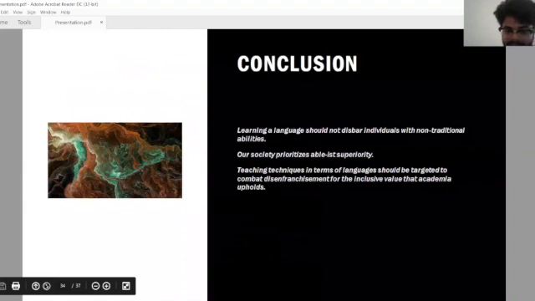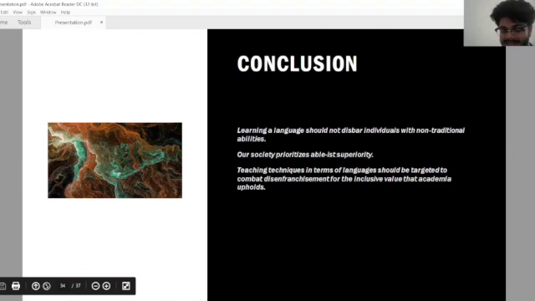And to conclude, learning a language shall not disbar anybody based on their non-traditional abilities, because there are policymakers who are setting expected outcomes, and this should be based on equity.